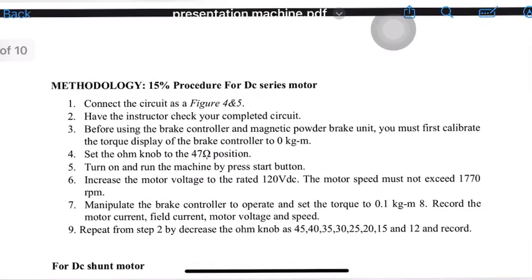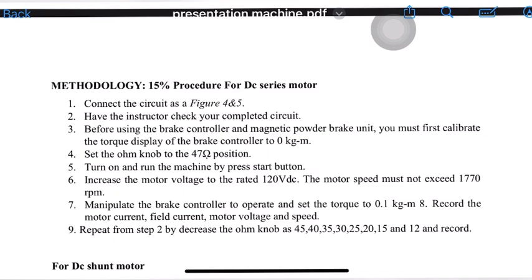Next, I will talk about the methodology. First, connect the circuit as in figures 4 and 5. Second, have the instructor check your complete circuit. Third, before using the brake controller and magnetic powder brake unit, you must first calibrate the torque display of the brake control to 0 kgm.